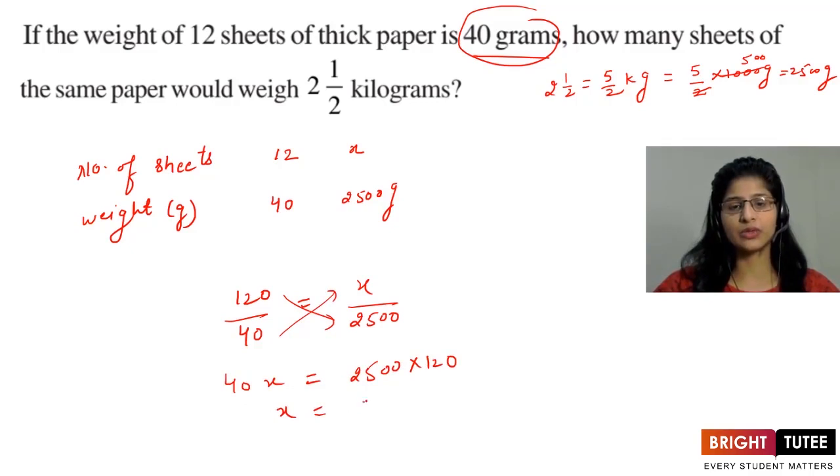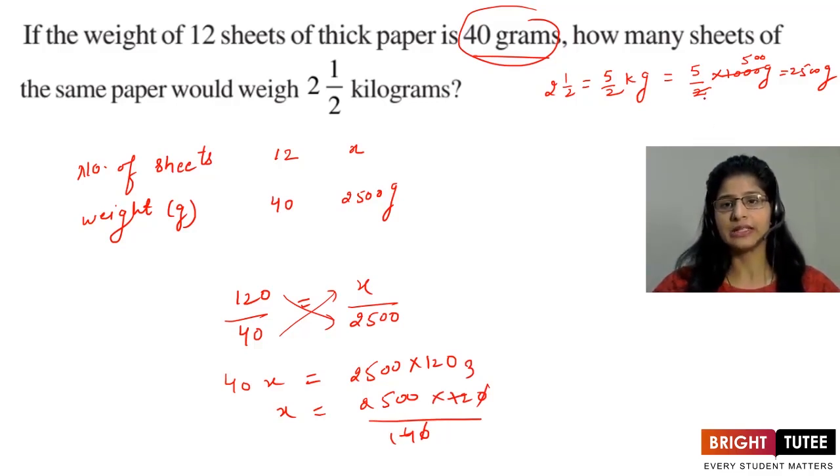So x would be equal to 2500 into 12 divided by 40. 4 ones are 4, 4 threes are 12. One more thing, we got it as 5000 upon 2, 2 fives are 10, 0 0, 2500 gram we have. So solving it now, what do we have? We have 12. Here, just to see, it was not 120.